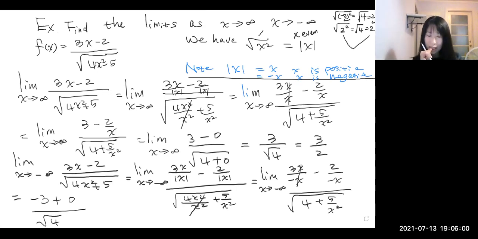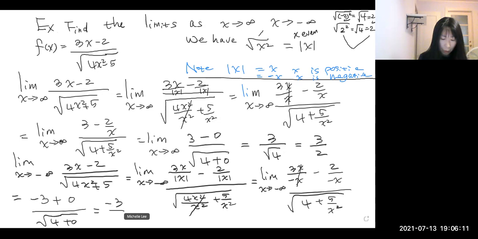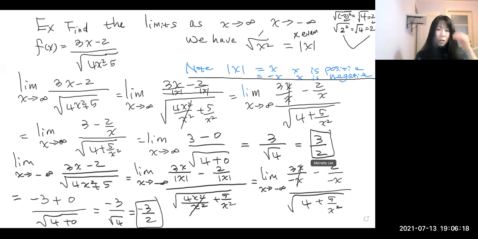What do you get? 0. Is 0, right? So we get -3 over the square root of 4, so we get -3 over 2. Okay. So this is the final answer. So is this okay? I try to rush again every time.